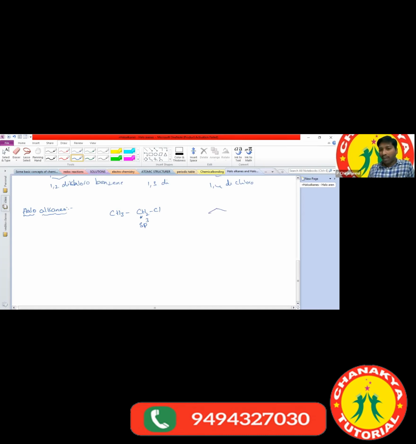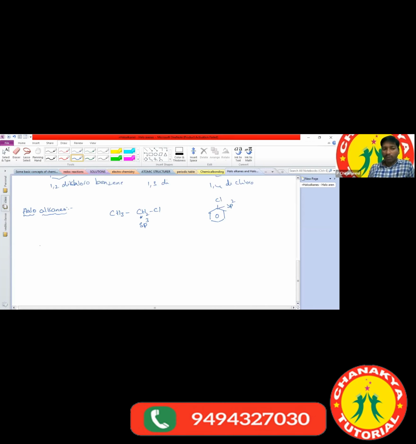In haloarenes, halogens are attached to the sp2 hybridized carbon atom. In haloalkanes, halogens are attached to the sp3 hybridized carbon atom.